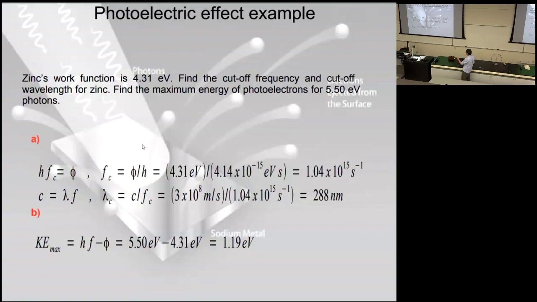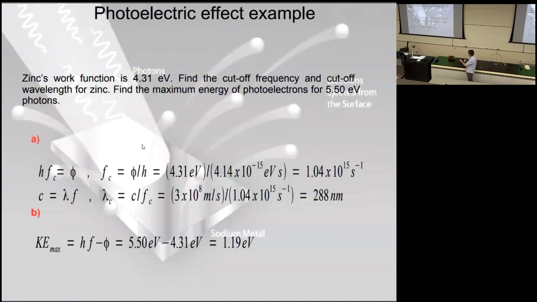If we want the cutoff frequency, we can just rearrange this equation. The frequency is the work function, an energy, divided by Planck's constant, which has units of energy times seconds. If we carry out this calculation, you get a cutoff frequency. If you want the wavelength corresponding to this cutoff frequency, that's not really about the photoelectric effect, it's just the relationship between wavelength, frequency, and speed.